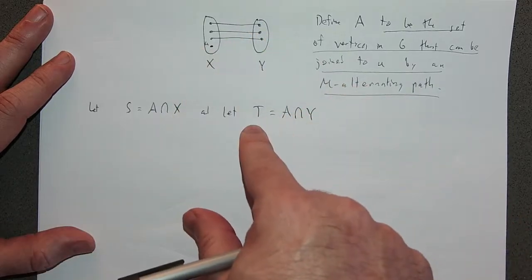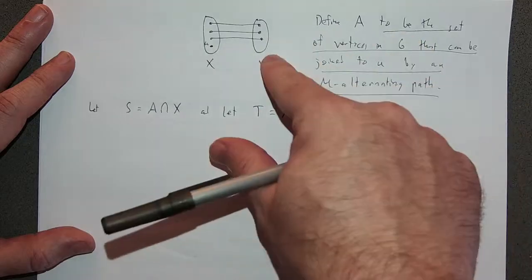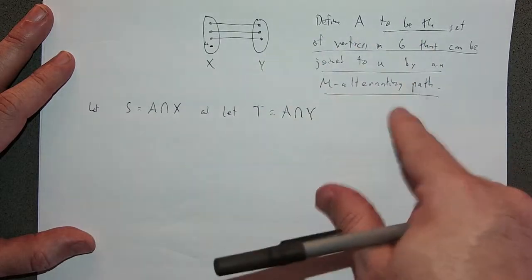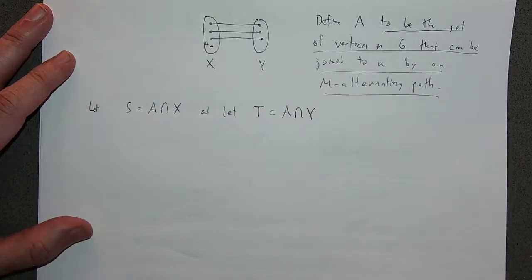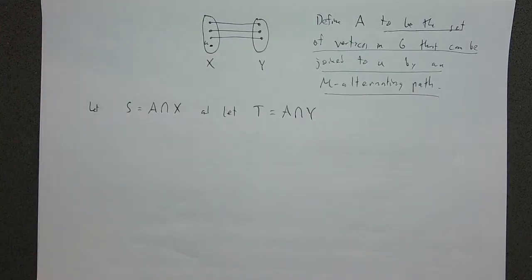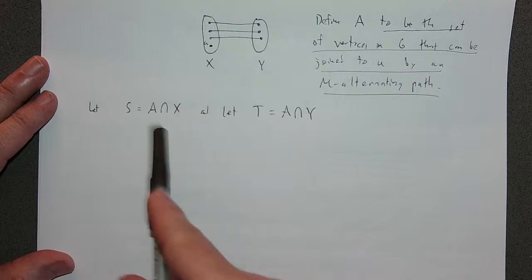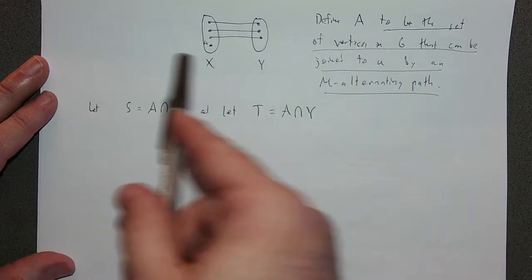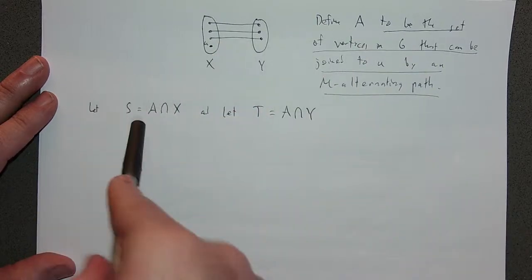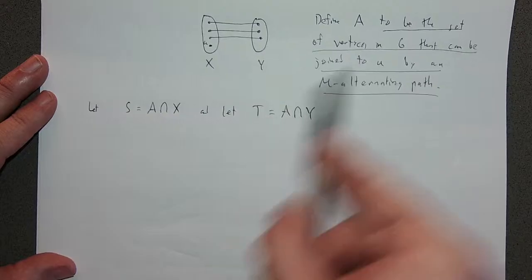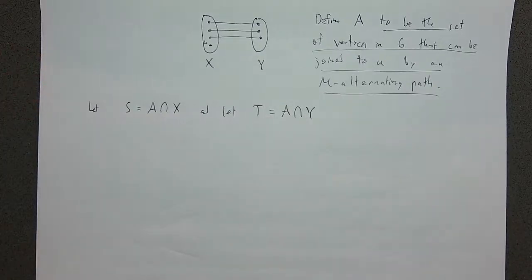And T is the set of all vertices in Y that can be joined to U by an M alternating path. That's what we're doing when we intersect these. So we are using the set A to have this property, and then we are basically using it to conveniently write these sets as the set of all vertices in X that have this property, and the set of all vertices in Y that have this property. Okay.